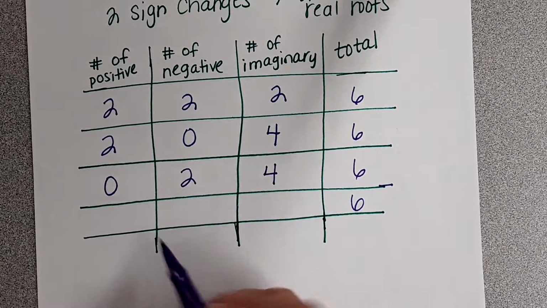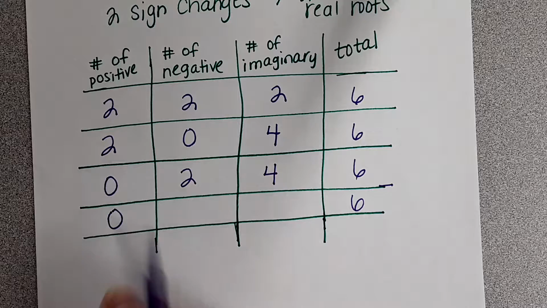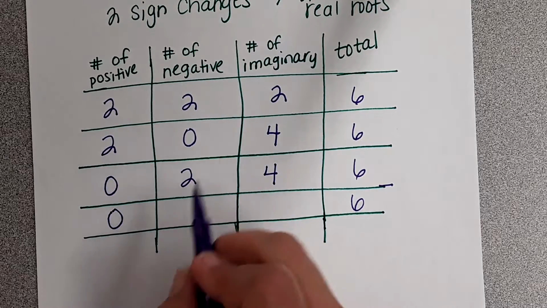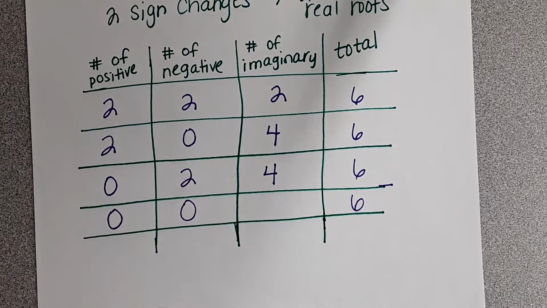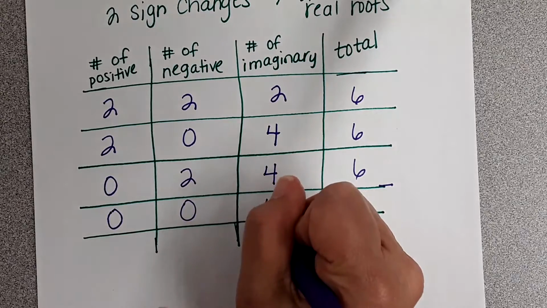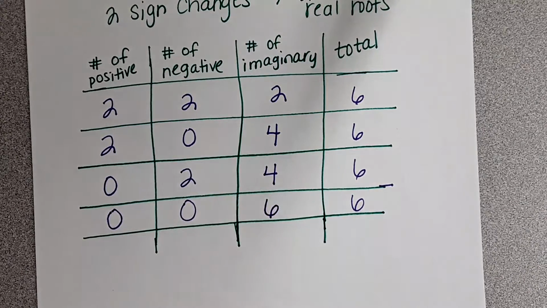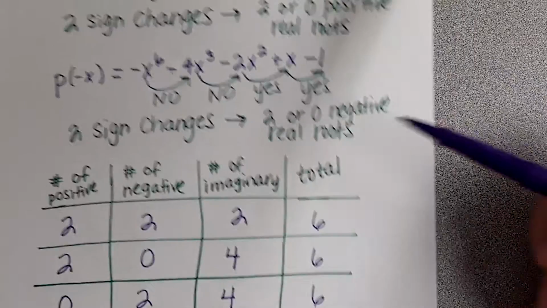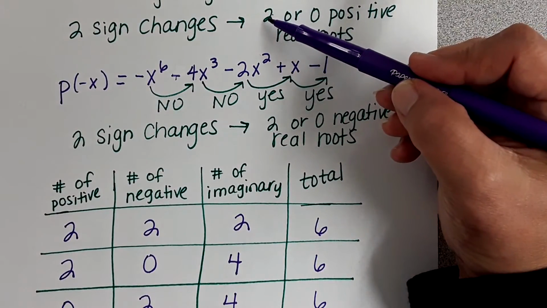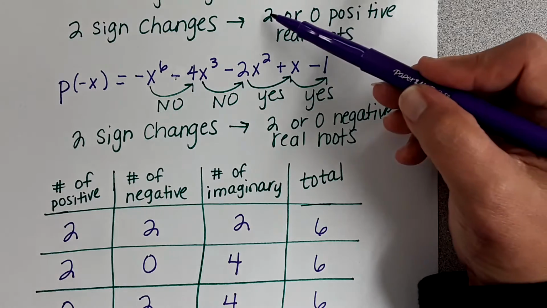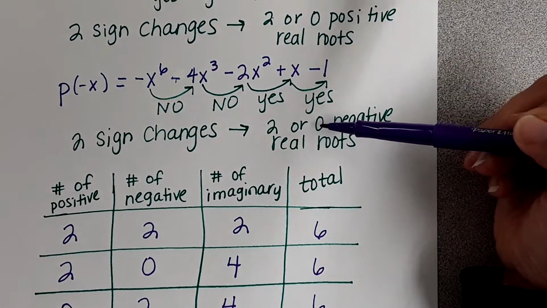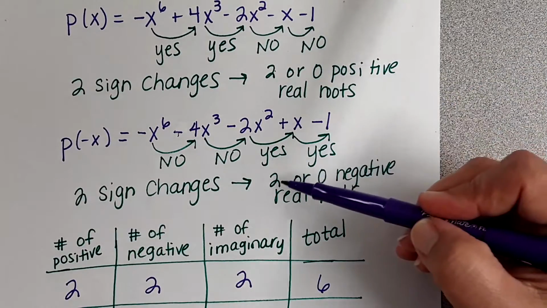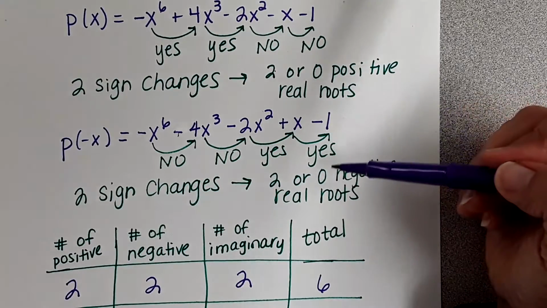Again, I could have 0 positive roots and 0 negative roots, which would leave me with 6 imaginary roots. So let's make sure I did 2 positives, 2 negatives. I did 2 positive and 0 negatives. I did 0 positives with 2 negatives, and 0 and 0.